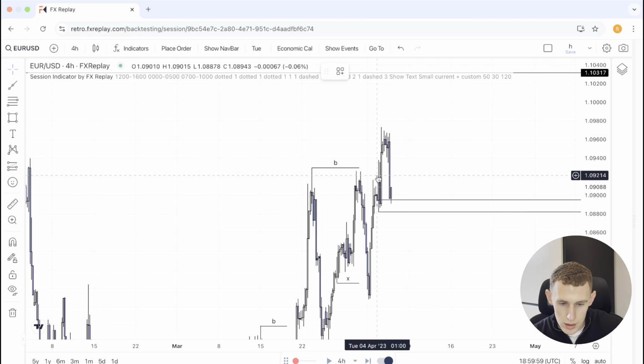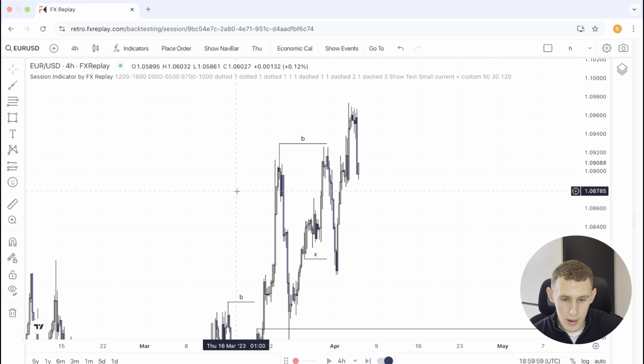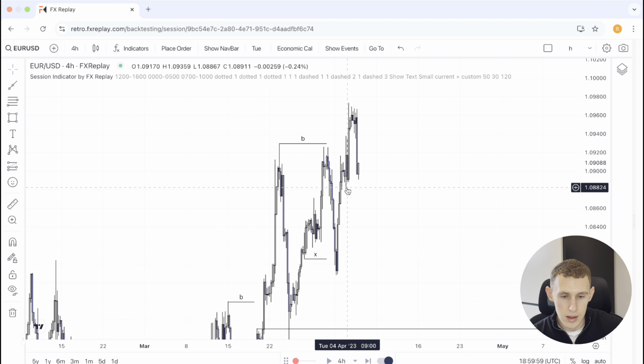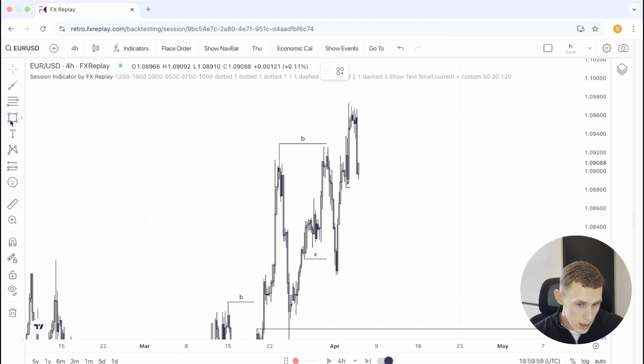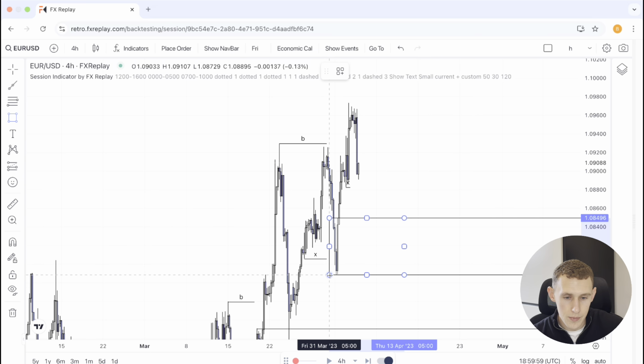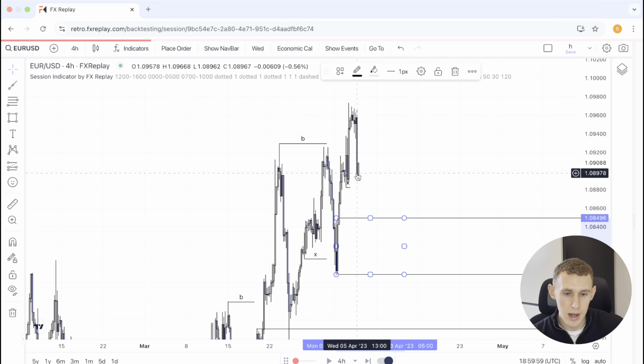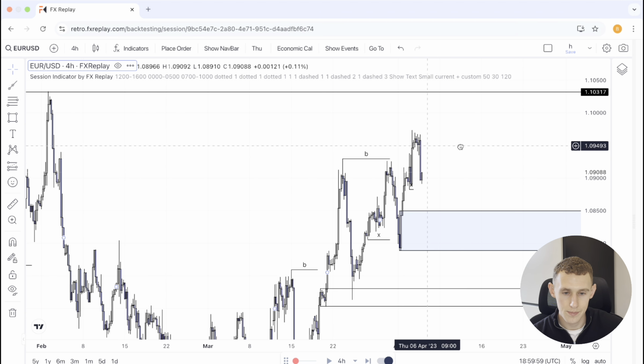If we look on the 4 hour, I would now at least expect price to take out this level, because above that level you can see there's no liquidity being taken out, so you're looking for price to at least sweep some of this previous liquidity. Below that we have this whole sort of 4 hour demand, not supply.